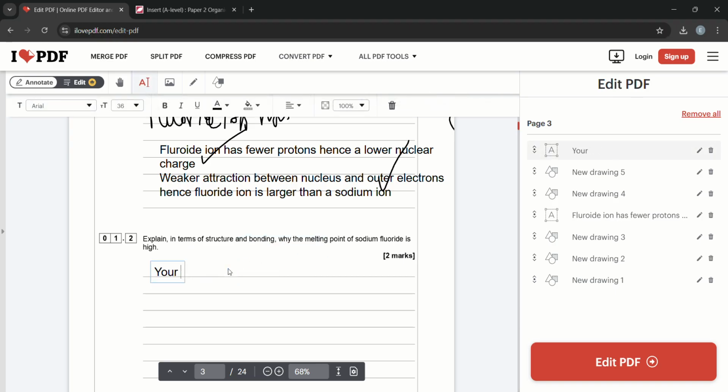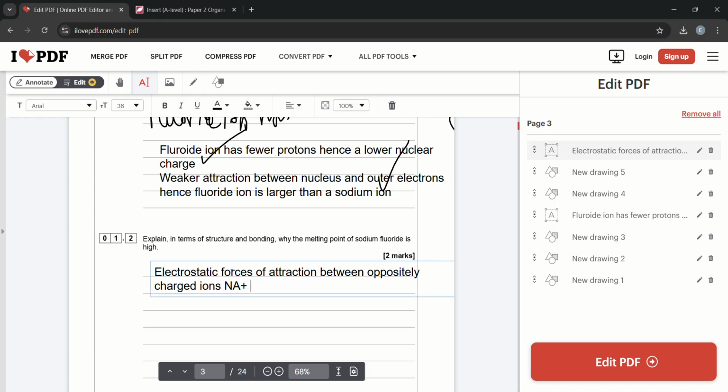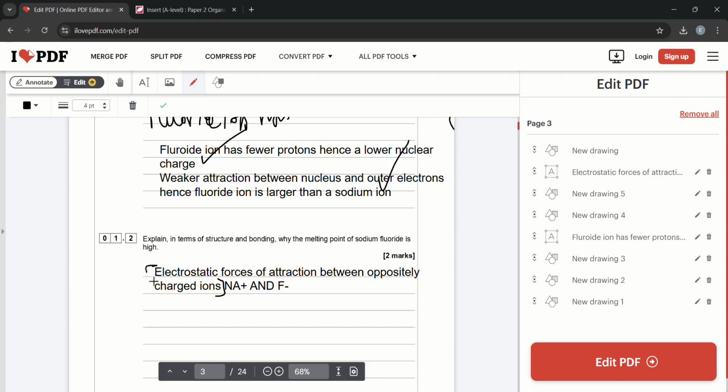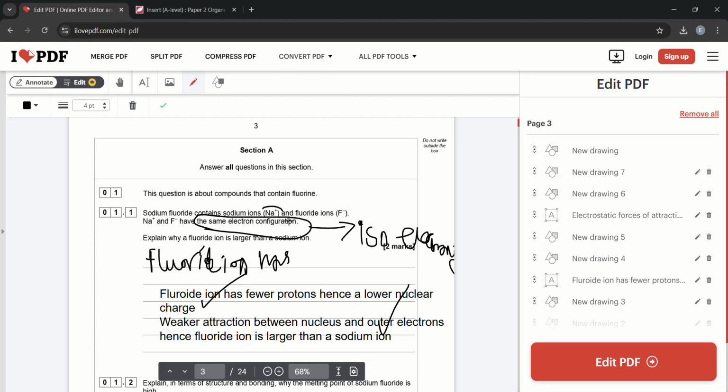So we're going to say electrostatic forces of attraction between oppositely charged ions, and I would actually include the ions, so in this case Na+ and F-, because this whole bit, electrostatic force of attraction between oppositely charged ions, you could apply to any question where it's about that. However, the Na+ and F- is applying it to this question because that's what sodium fluoride has.